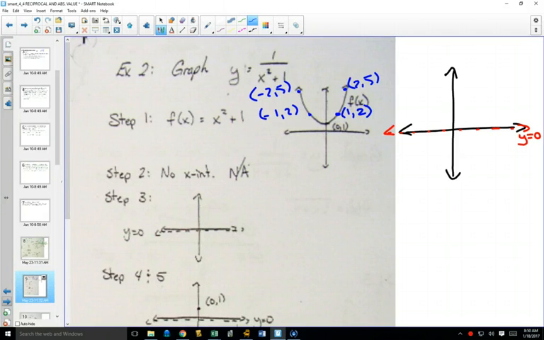What's going to happen to negative 2, comma 5? We're going to get negative 2, comma 1 over 5. What's going to happen to negative 1, comma 2? Negative 1, comma 1 half.